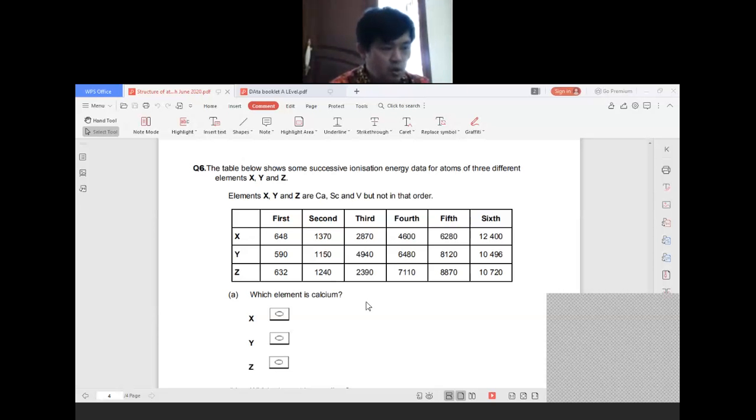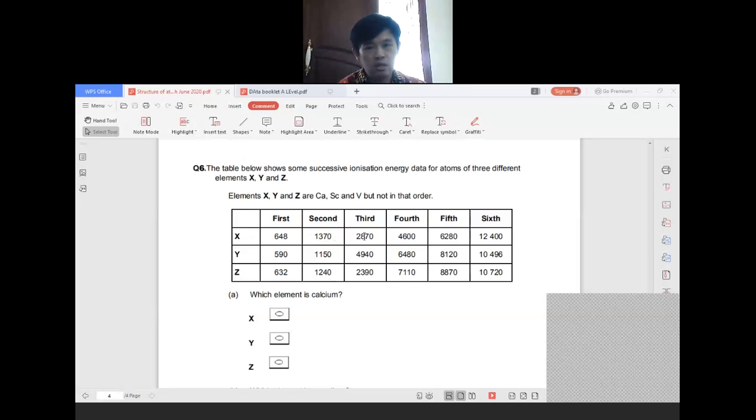And then which between X, Y, Z has the huge jump between the second and the third? It is Y. Because look here, the second is 1370, this one becomes around 3000.